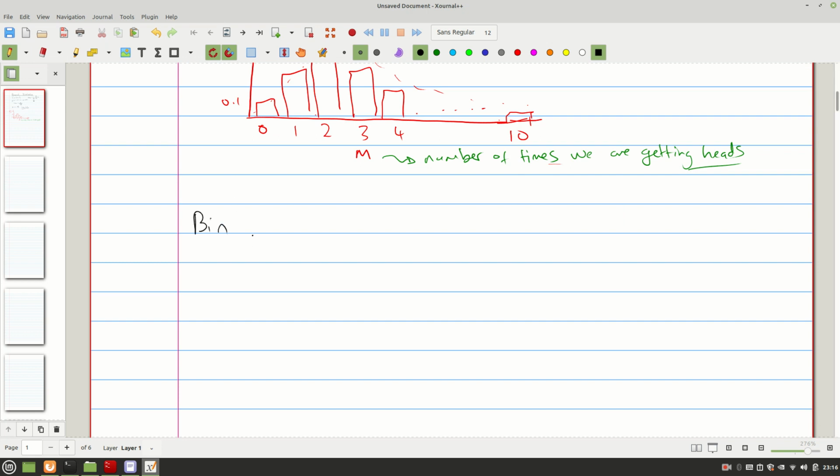So the binomial distribution of m, because this is the key variable here, given n, the number of times that we're conducting this experiment, and our mu, is equal to n choose m times mu to the m.